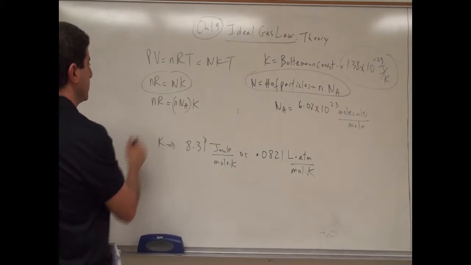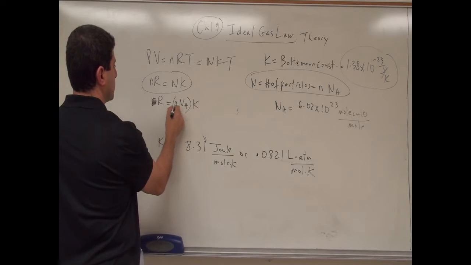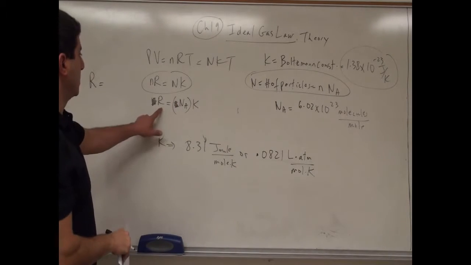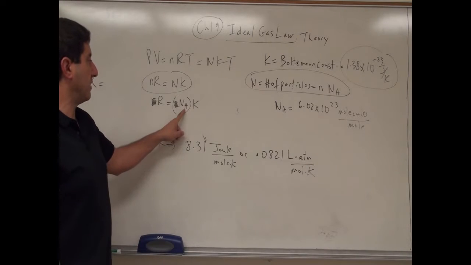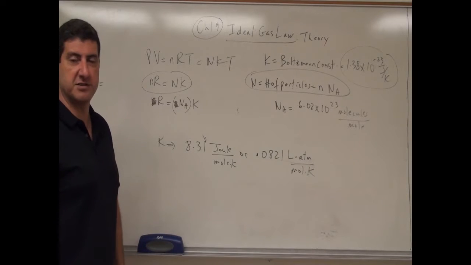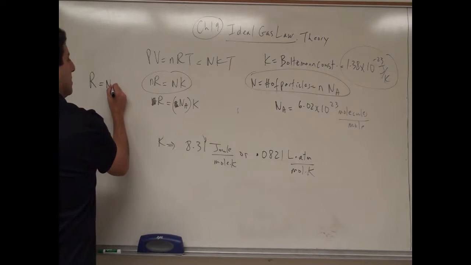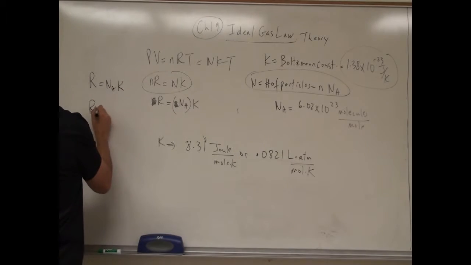The number of moles n cancels, so we get that the gas constant R is essentially just equal to Avogadro's number times Boltzmann's constant. So they're all interrelated, right?